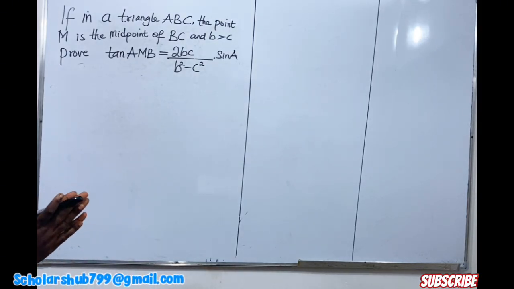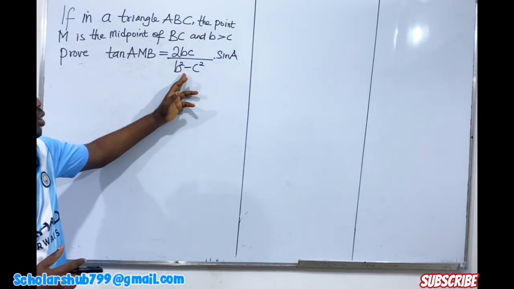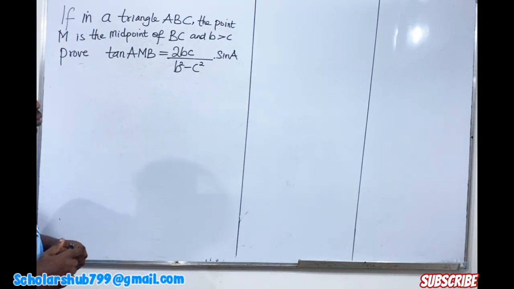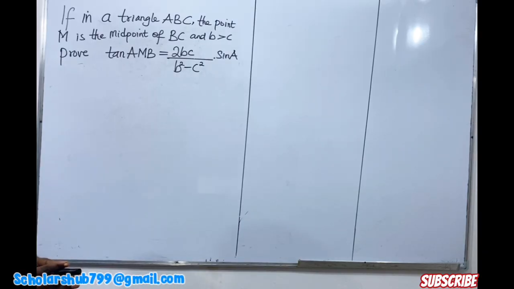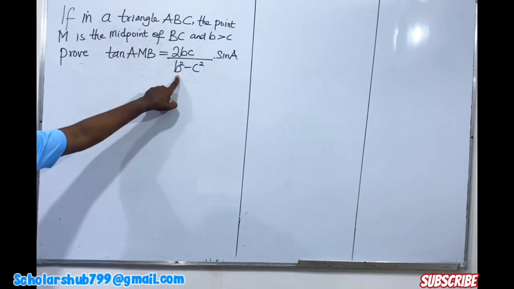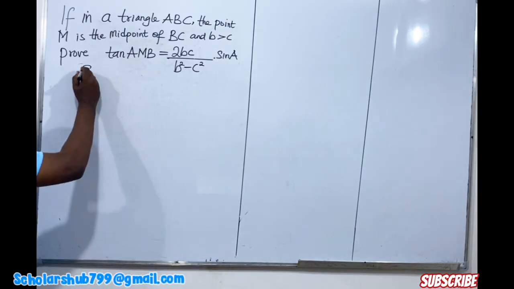Step number one will be how can we obtain the equation for b² minus c². That is very important because the question might look somehow complicated, but the most important thing is how can we obtain the equation for b² minus c². All right, so our solution.